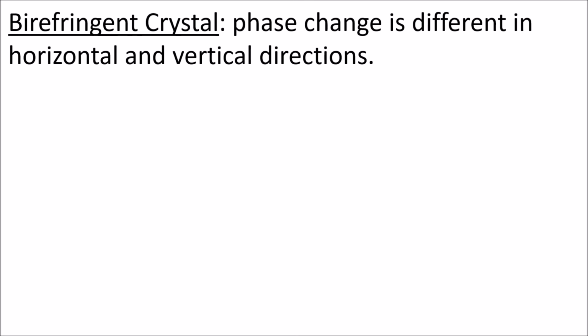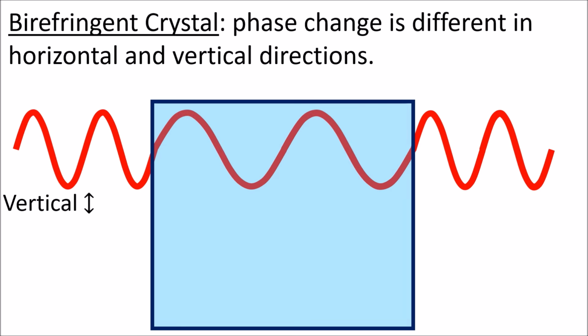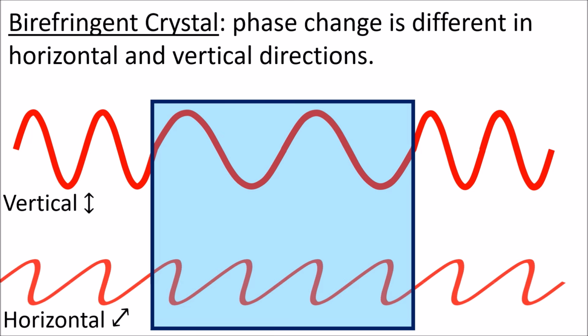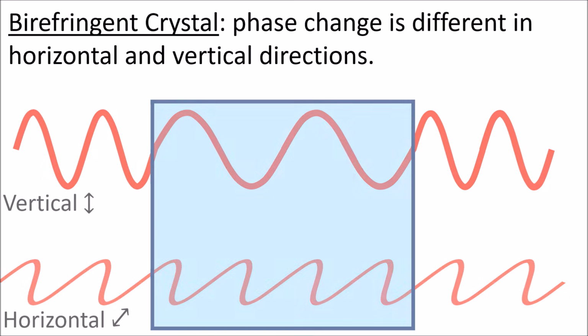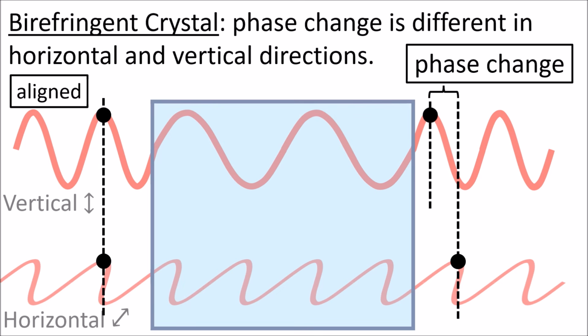In special crystals called birefringent crystals, the phase change is actually different in the horizontal and vertical directions. This means that a light wave whose horizontal and vertical polarizations are aligned before entering the crystal can have a phase difference by the time they exit the crystal.